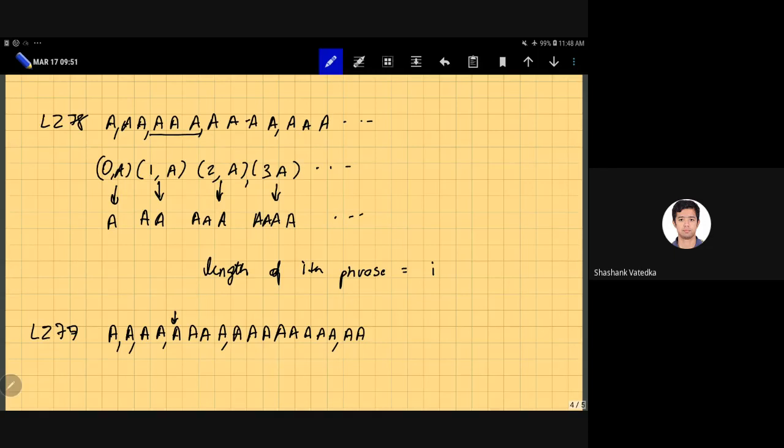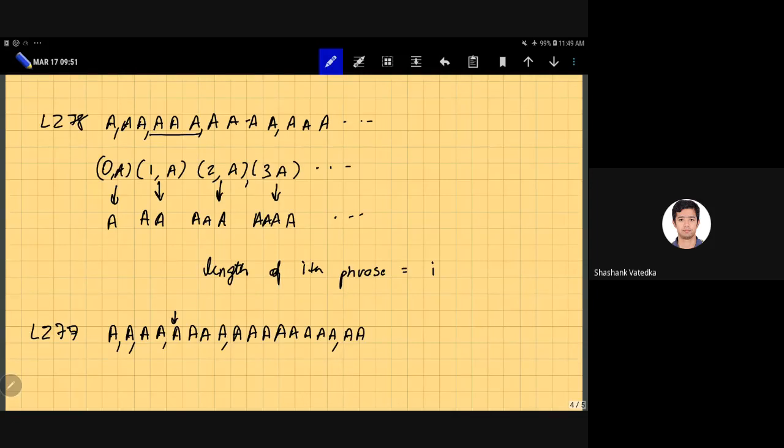So one natural question is, if you already have one optimal algorithm, then why do you need another? It turns out that there are certain trade-offs. In general, the LZ77 algorithm, if you choose a large enough window length, gives a better compression rate than LZ78, because the number of phrases obtained using LZ77 is in practice lower than that of LZ78.